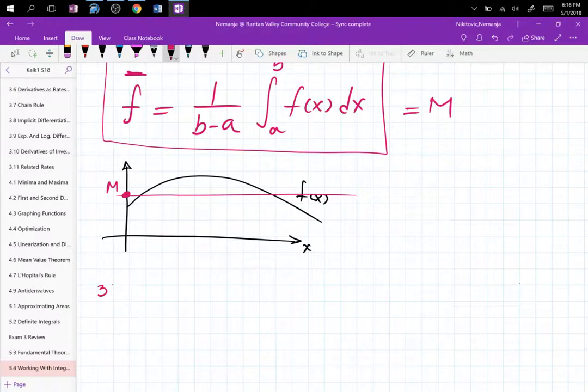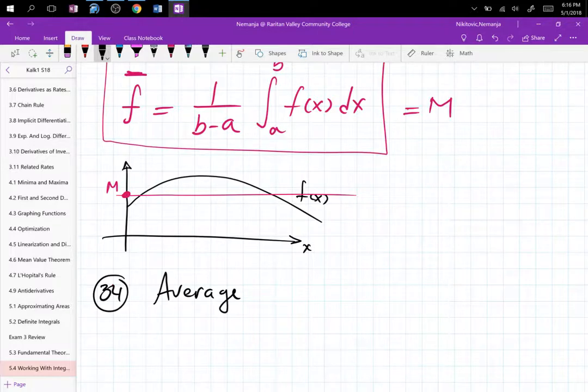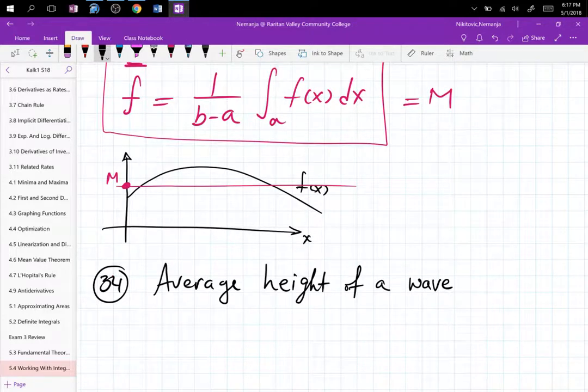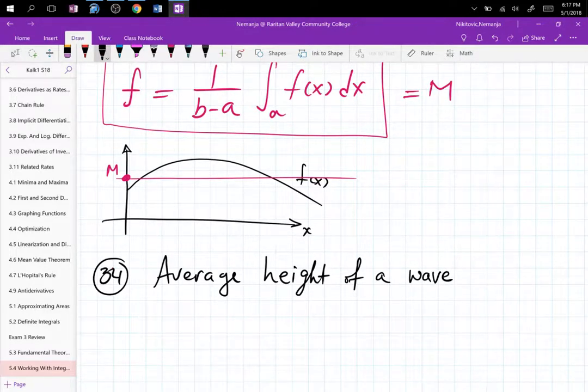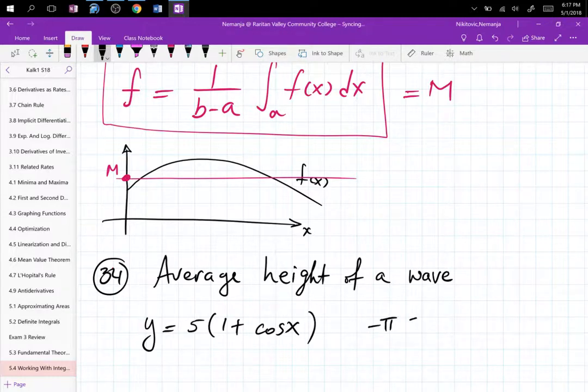This is problem 34 in the textbook. So waves are given by formulas with sines and cosines. So this particular wave has the formula y equals 5 times 1 plus cosine x on negative pi less than or equal to x less than or equal to pi.